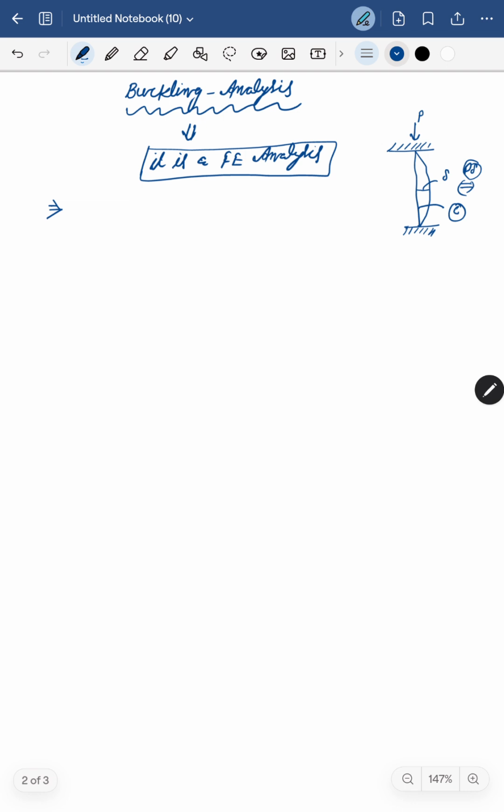When we go for analysis of different types of structures, it is necessary to go for buckling analysis. There are some criteria to check whether we have to perform buckling analysis or not. So first, what is buckling analysis, and is it a static or dynamic analysis?